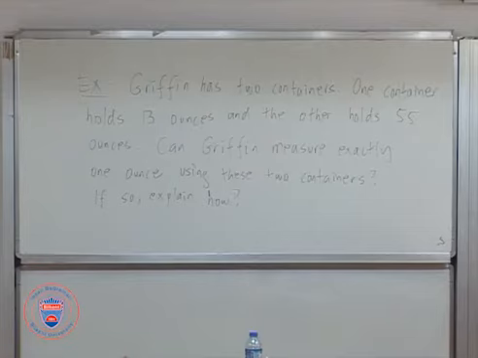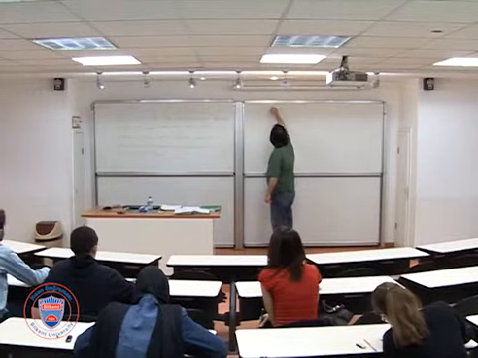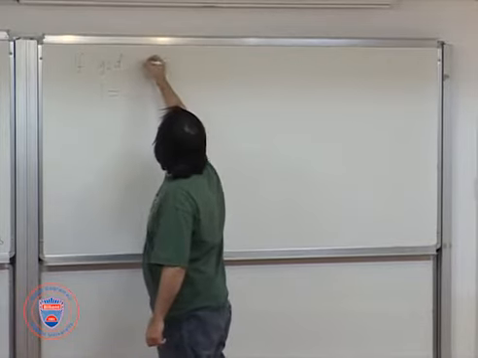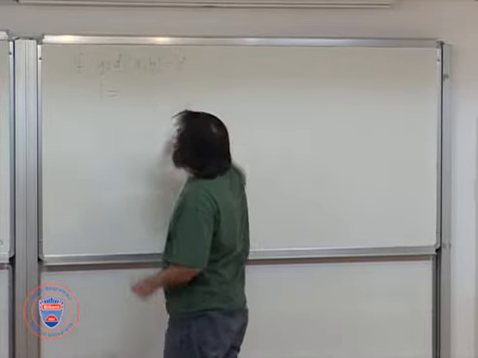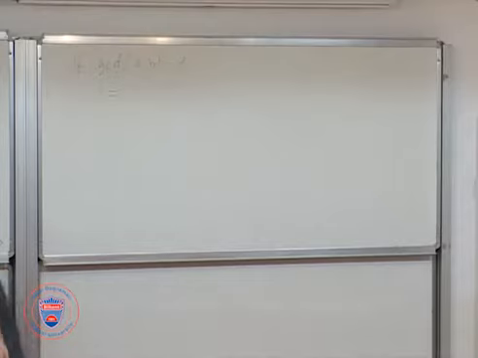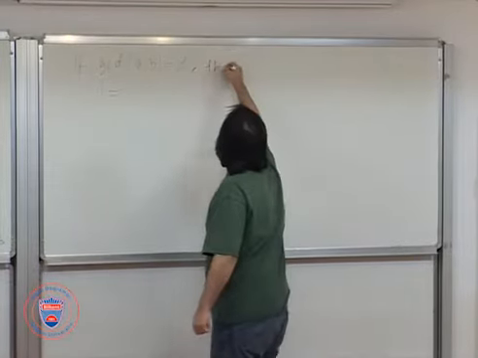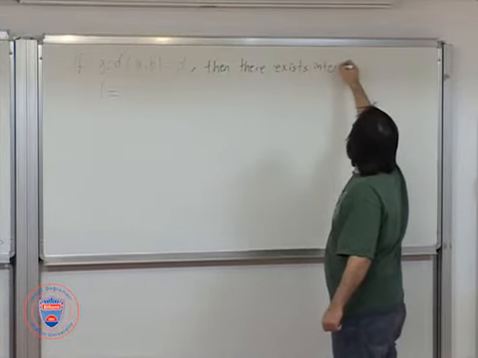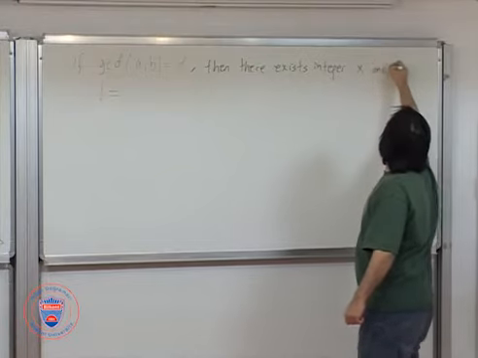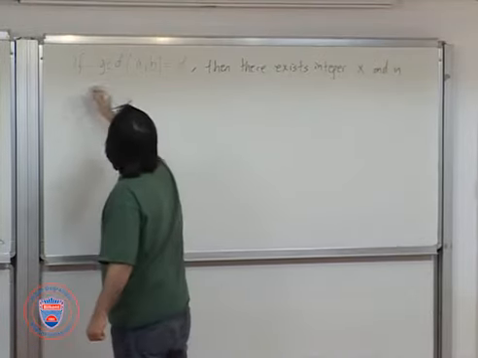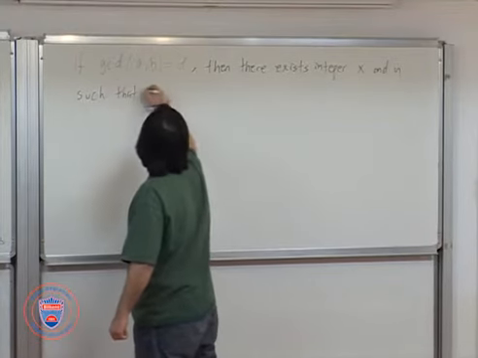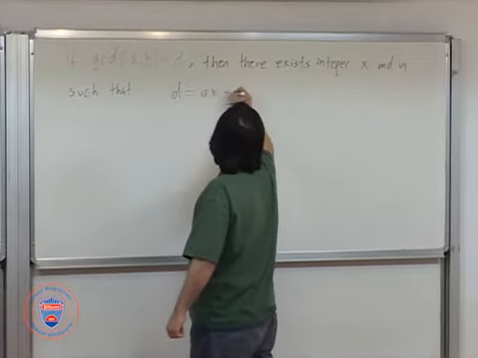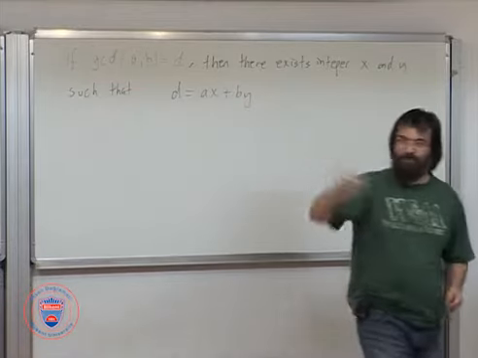If you know that the greatest common divisor of 2 numbers a and b is d, then there exist integers x and y such that d is equal to ax plus by. This is what the claim is.